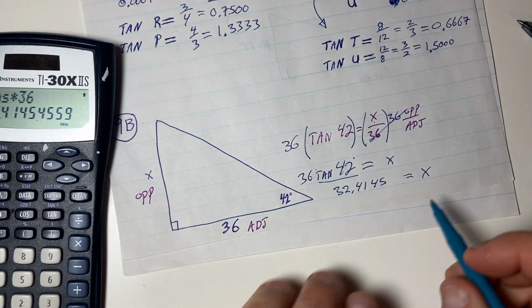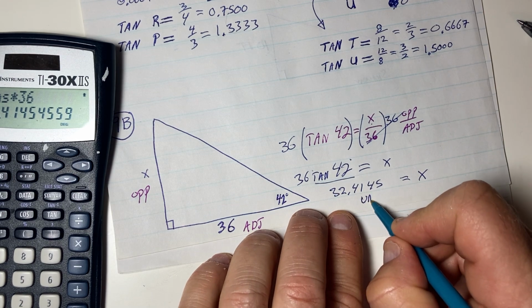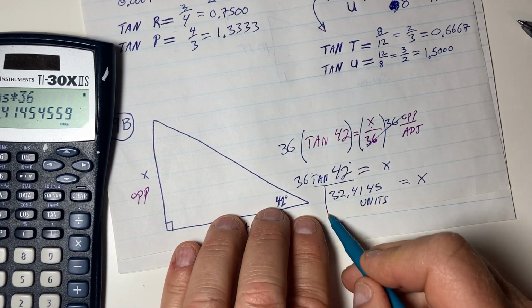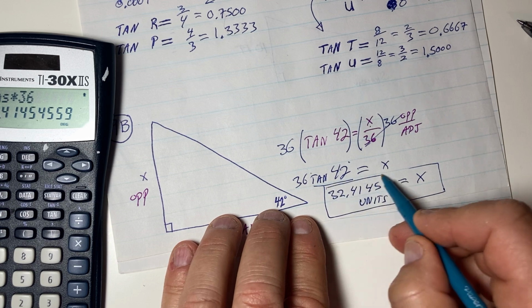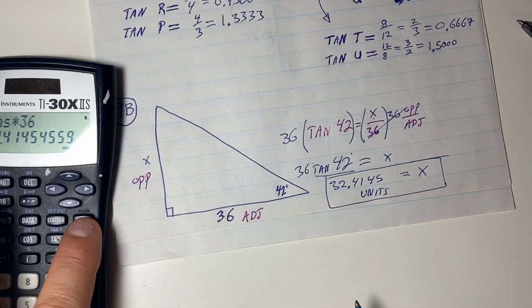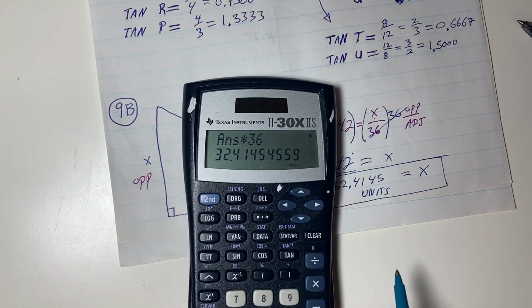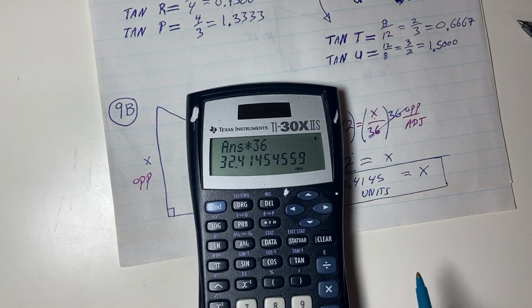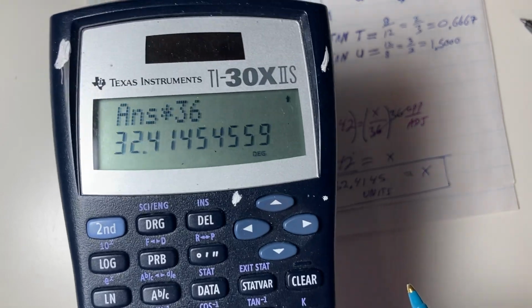There are no units. Four places past the decimal. 32.4145. I don't know if you can see that in the calculator.